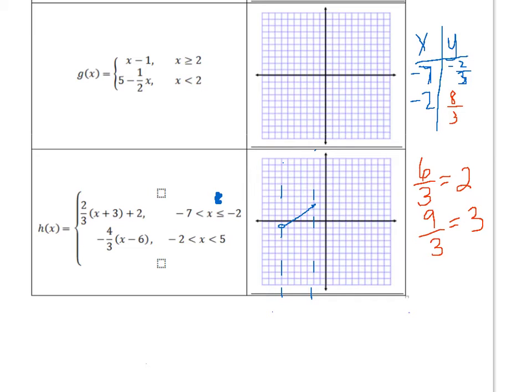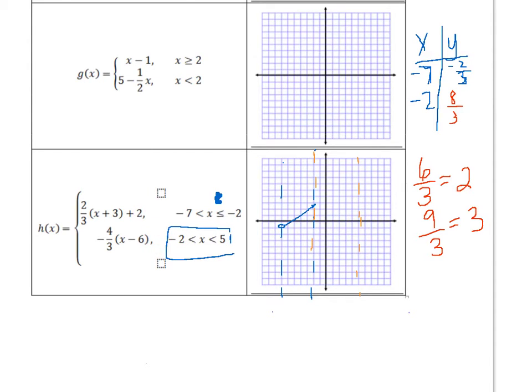And now I'm going to work down here on this part. Let me get a different color. This one's going to fall in between -2 and +5. 1, 2, 3, 4, 5. I think this is 5. And when I look at this, I can see right away one point, a locator point, because there's nothing out here.